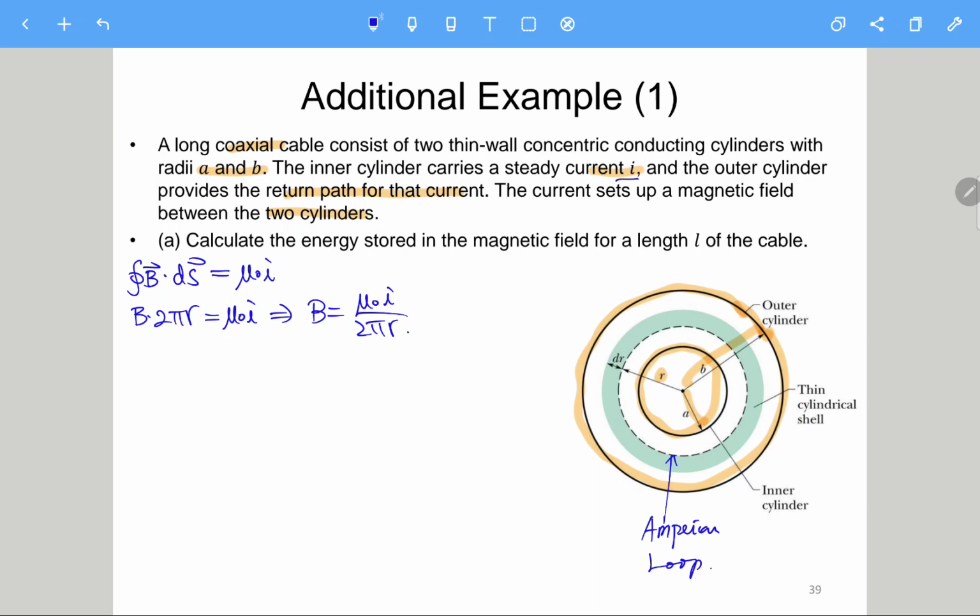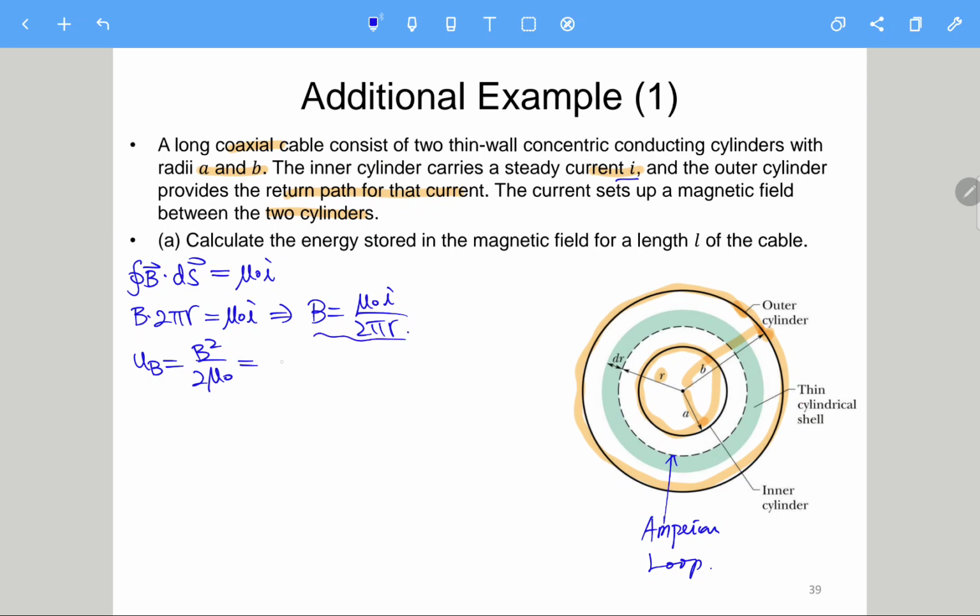So next, we can use small u_B to be B squared over 2 mu naught, which is the energy per unit volume. So we can substitute this expression into here.